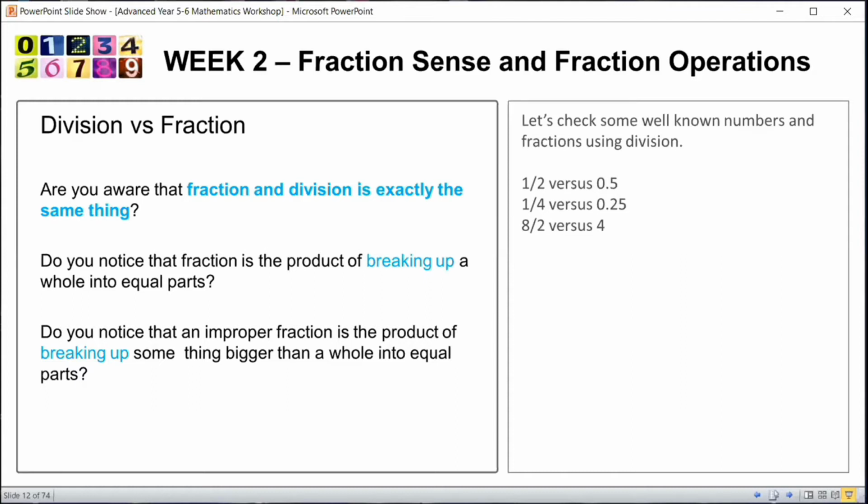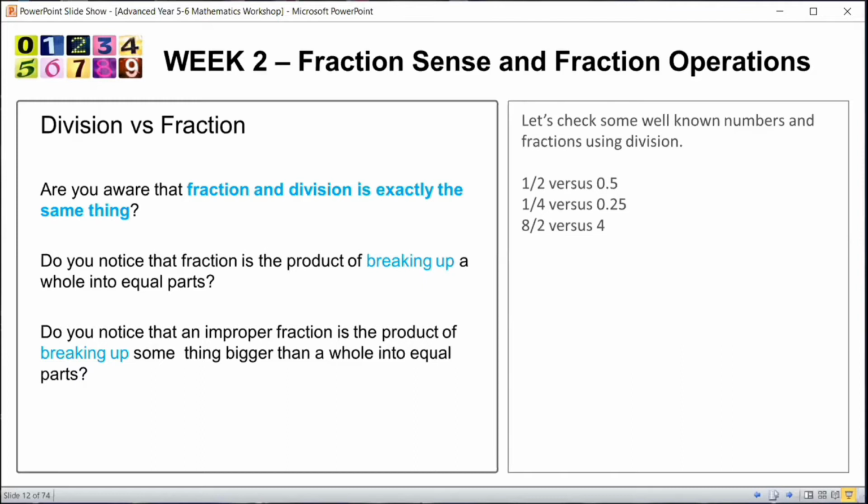So you have a whole and you break it up into equal parts, you get a fraction. And you also notice that when you have an improper fraction, you actually have something bigger than a whole, and you have to break that up too.